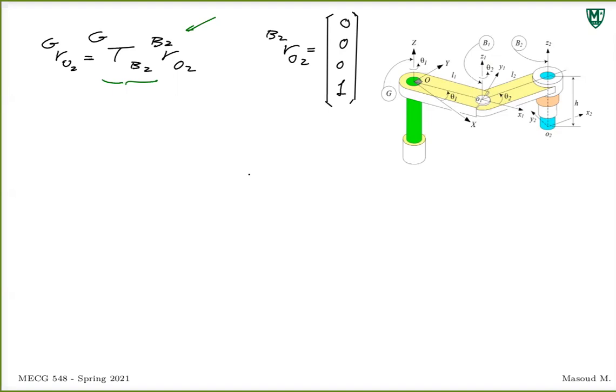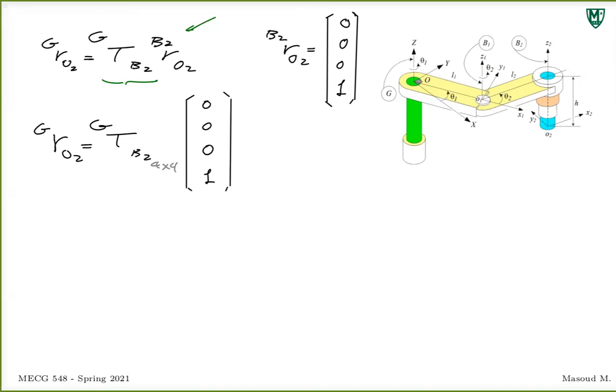All right, so the position of the origin is 0, 0, 0, right? That's where it is. So you can find where that origin is in the global coordinate frame. Again, O2 in the global coordinate frame is T B2G, which is a 4x4 matrix, times your R, 0, 0, 0, 1.